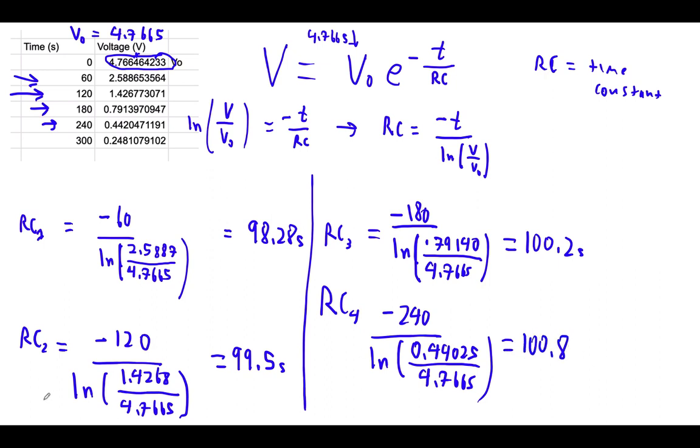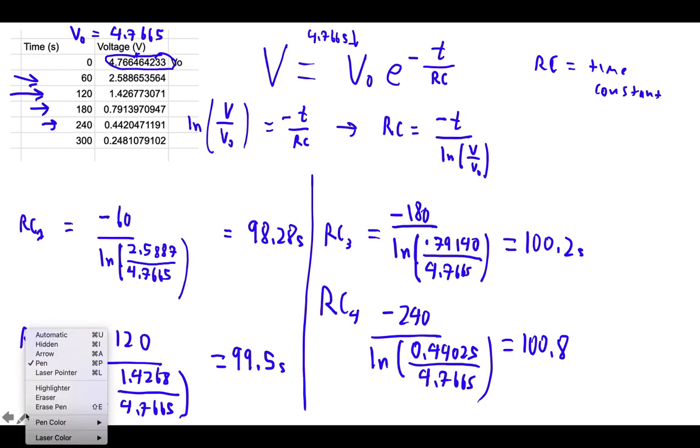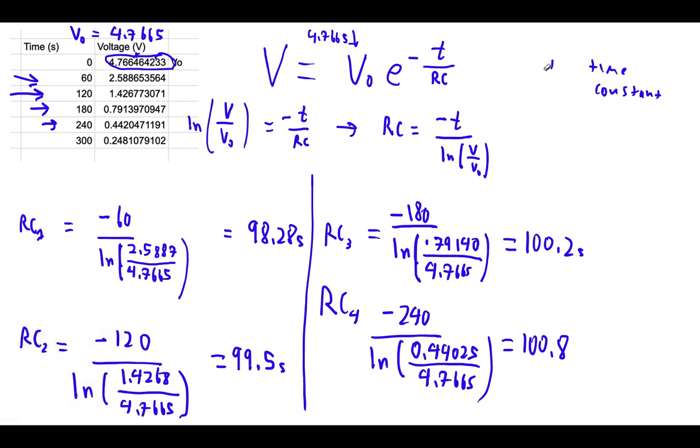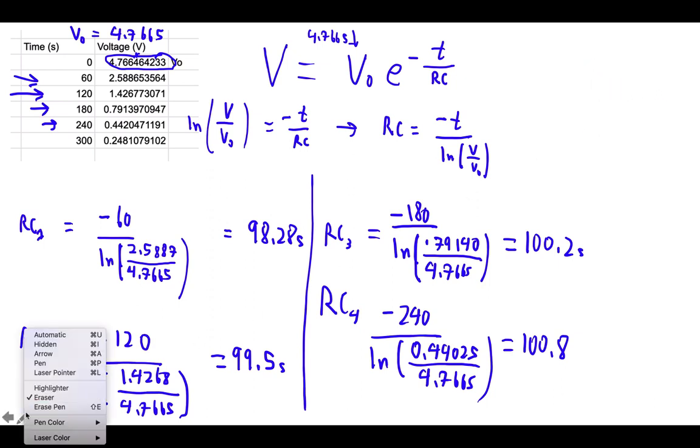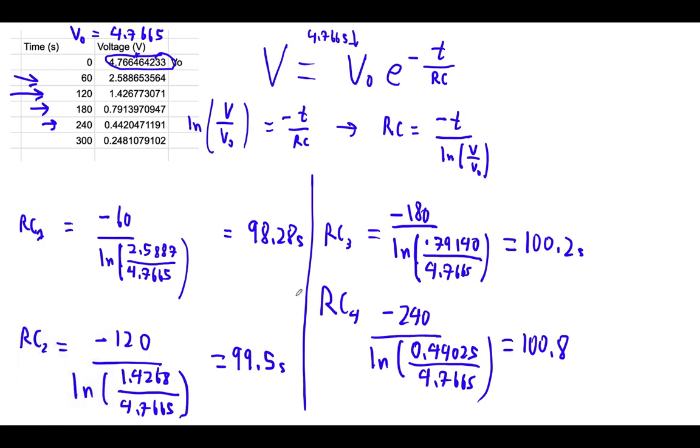All right. And then let's see. Eraser, let's do the eraser. I need some space here. All right, let's go back to pen. All right, and then RC5 is this guy here, right? And that's going to be the opposite of 300 over the natural log of 0.24811, I think, right?